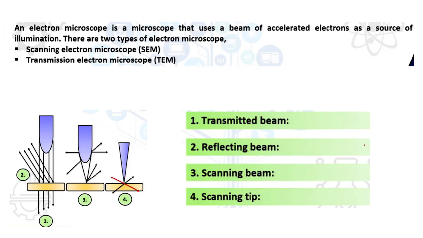Here an electron beam is used as a source of illumination, and mainly we have discussed SEM, that is scanning electron microscope, and transmission electron microscope. There are four different techniques: one is the transmitted beam, someone can also analyze the reflecting beam, and scanning beam, and scanning tunneling microscopy, that is STM.